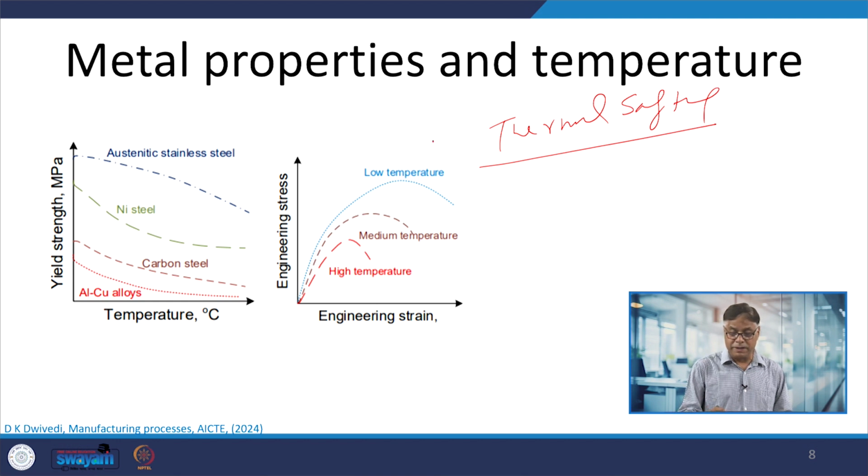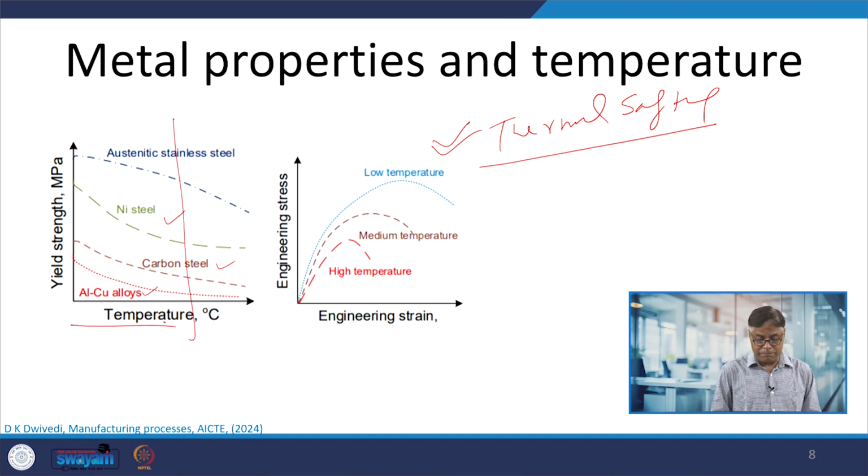A few metals show greater resistance to thermal softening, like stainless steel or high nickel steel, and nickel and copper alloys. So, if you see, for the same rise in temperature, the drop is negligible for stainless steels and nickel steels, but it is significant in the case of carbon steels and alloy steels.